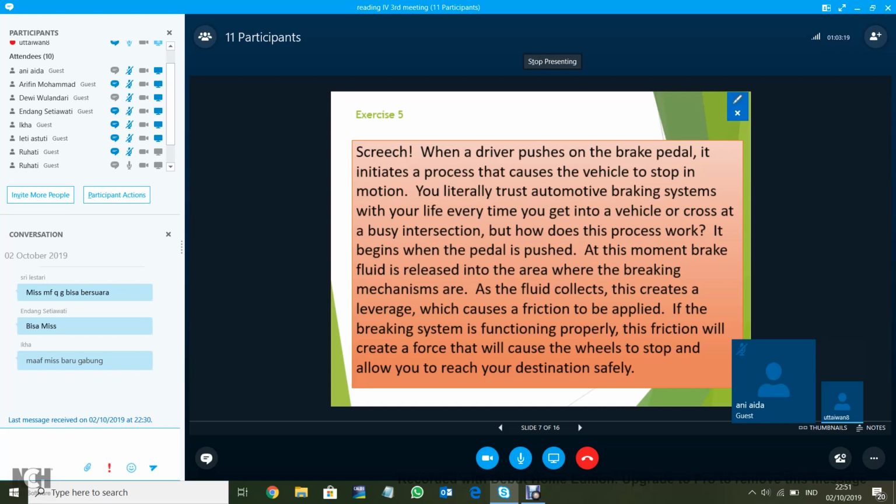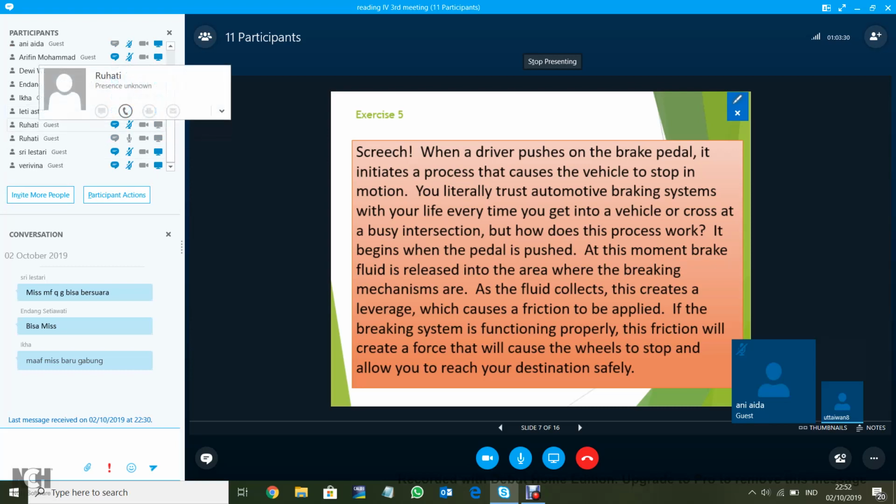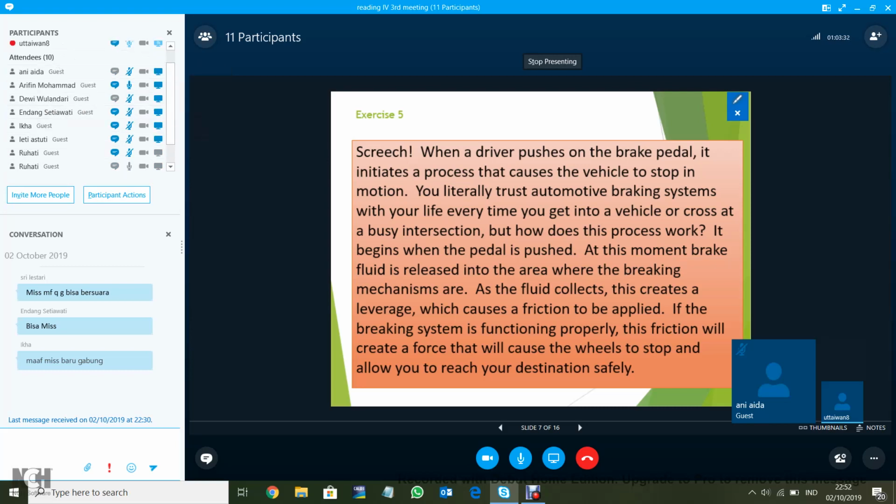Next, who wants to try? Ada yang mau coba? Mbak Verivina, Mbak Ruhati, Mbak Ika, Mbak Endang. Ayo, siapa yang mau coba?